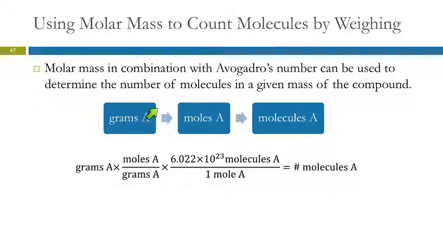So if we have grams of a substance and we want to know how many molecules there are, we'll convert grams of that substance to moles and then use Avogadro's number to figure out how many molecules are in there. So grams of A, we use the molar mass, how many grams per mole, and then we have Avogadro's number, that many molecules of A in 1 mole. And we put those in there so the units work out. The grams cancel and the moles cancel, and we're left with molecules.